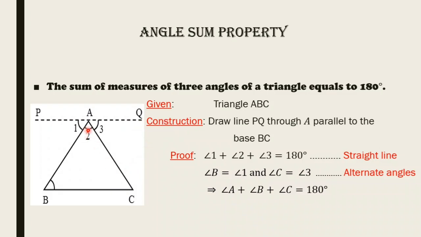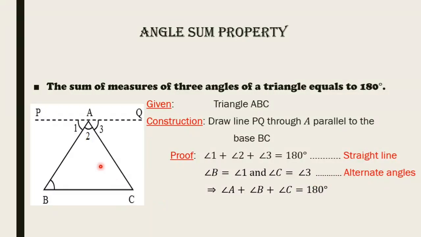Now you can prove here that angle 1 is equal to angle B, because they are alternate angles. Similarly, angle 3 and angle C are equal. Angle C is equal to angle 3, same reason, alternate angles.